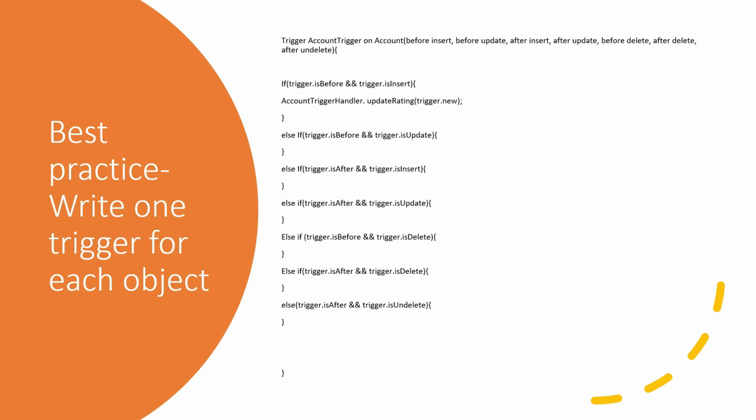I have included just before insert, and in the same way you can add your methods and logic for other conditions as well. In before insert, it's calling AccountTriggerHandler and referring to the updateRating method there, and passing Trigger.new values.